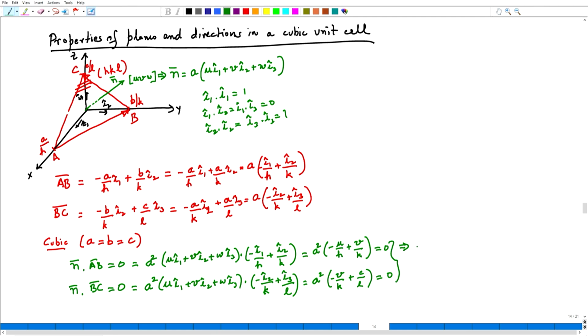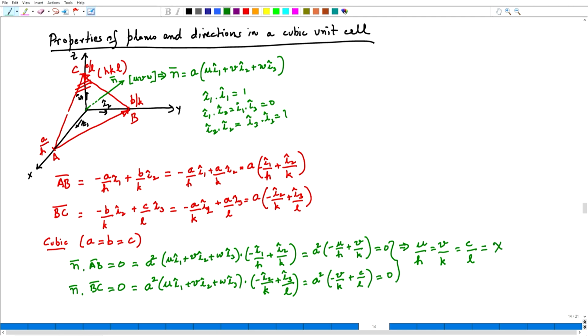This implies U by H equals V by K equals W by L. So, these ratios U upon H, V upon K and W upon L, all the three have to be equal. And let us say that these ratios are equal to a quantity called chi.